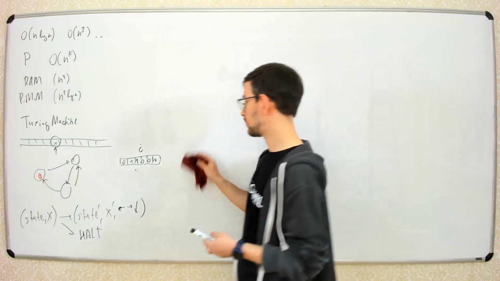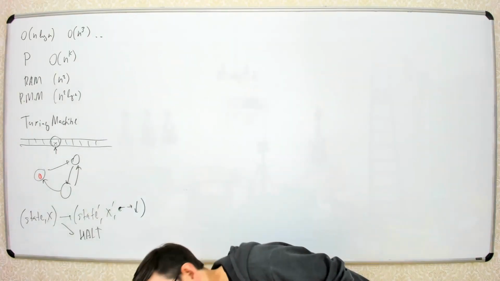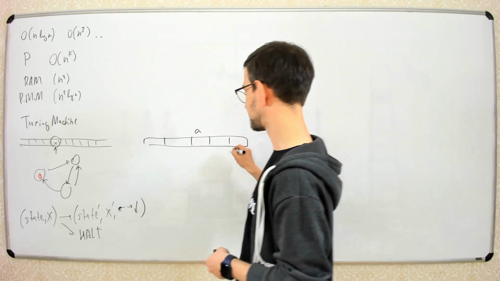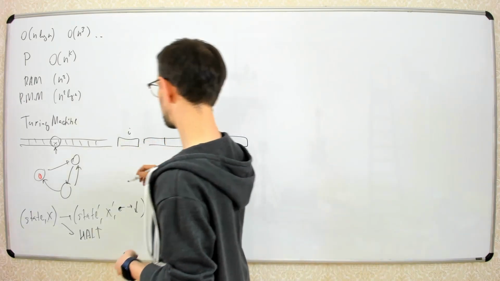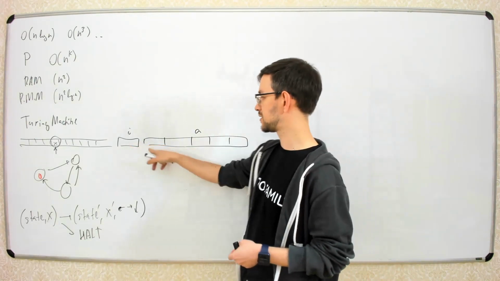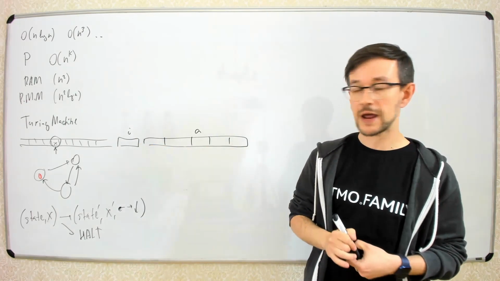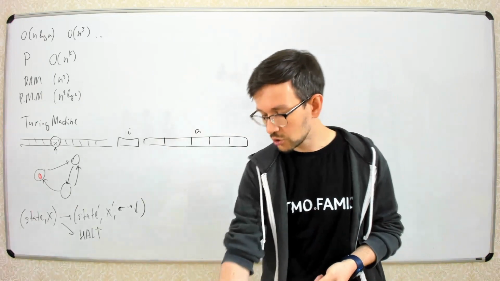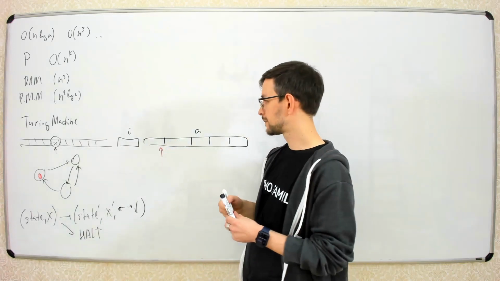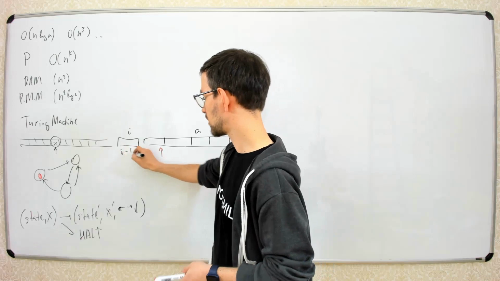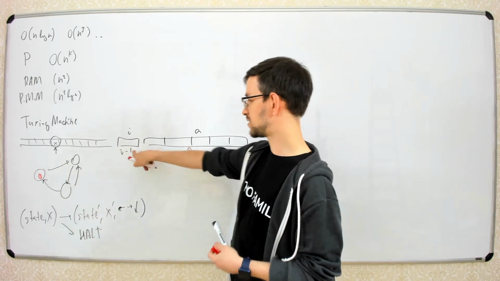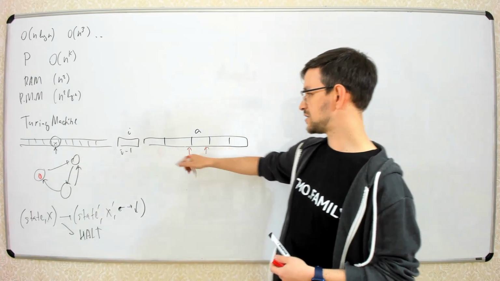If you want to do something even harder, let's say find an element in the array, you have array A and variable I here, and you want to find the value in array A with index I. You may put a special separator character here, then go back to I, make I minus 1, then move this separator one position to the right, then again decrease I by 1, and again move it to the right, until I becomes 0.